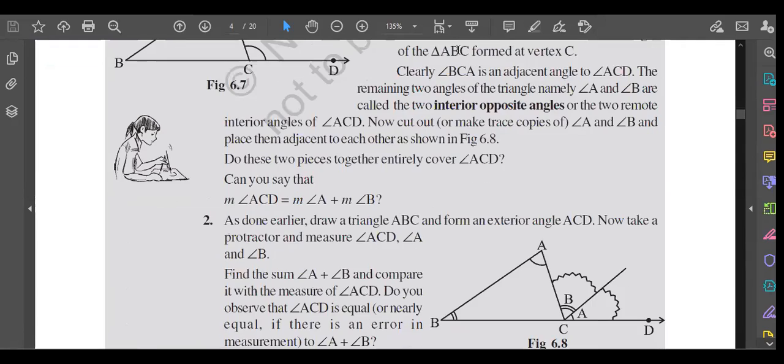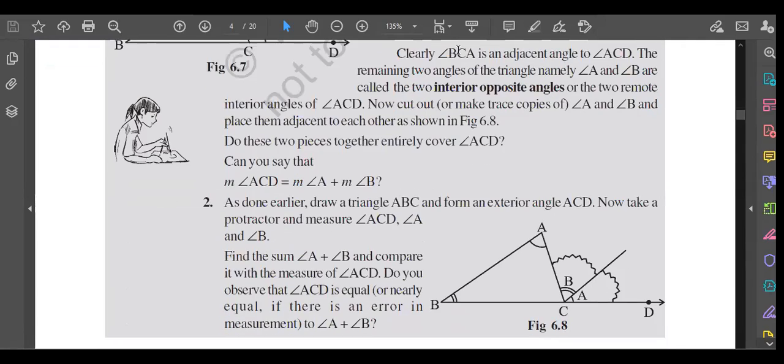How many of you remember that the sum of this angle plus this angle is equal to this whole exterior angle? We have studied it in lines and angles, yes or no? So we will prove it now.